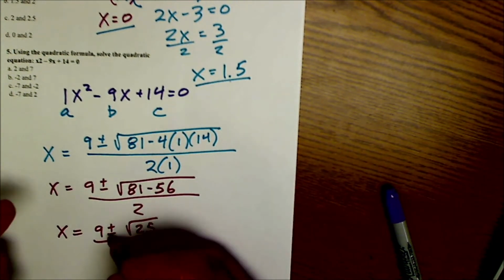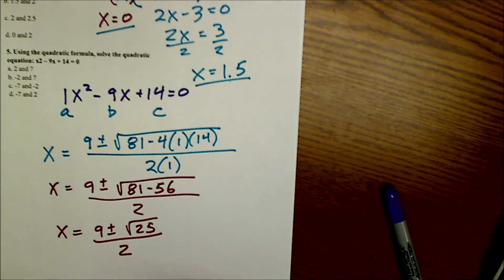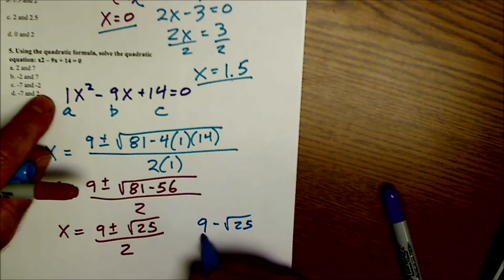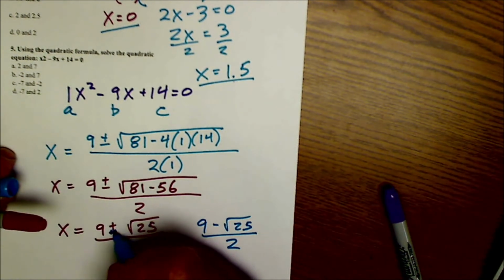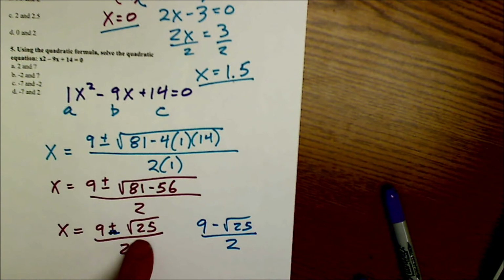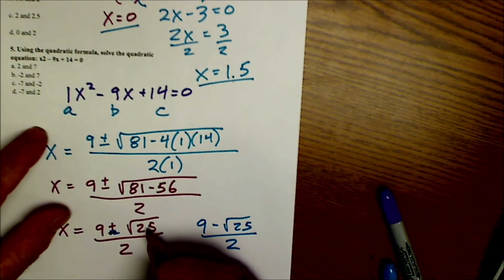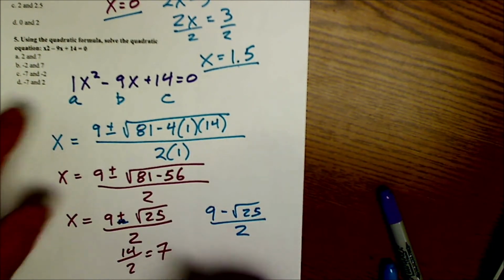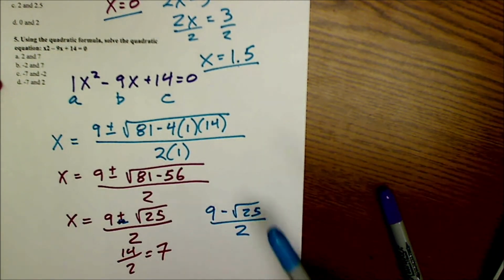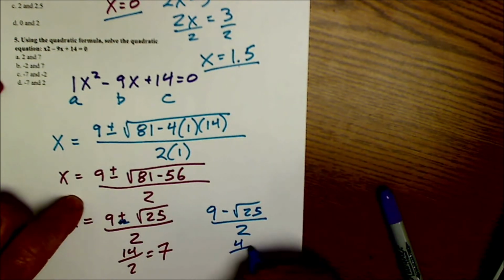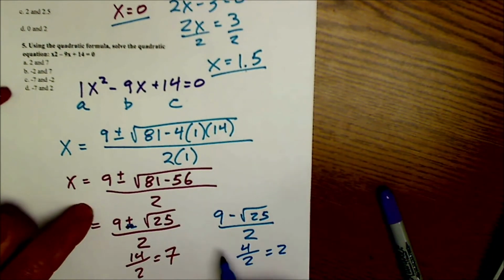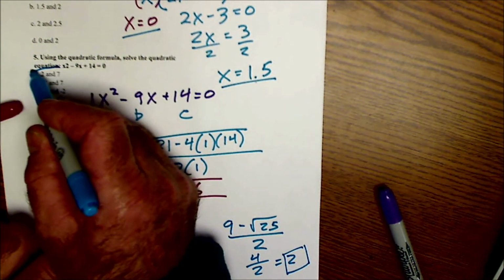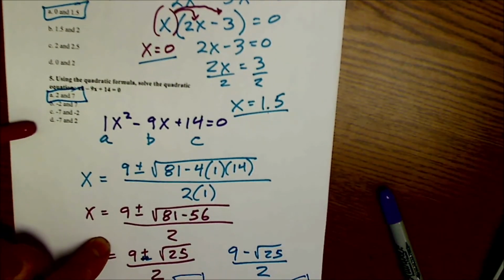So this one right here, I'll just do the plus, and then right here, I'll do 9 minus the square root of 25 over 2. The square root of 25 is 5. 9 plus 5, 14, divided by 2 is 7. 9 minus 5, 4, divided by 2 is 2. So I have 2 solutions, both a 7 and a 2. I'll look up here, and there's my answer, number 5, answer A.